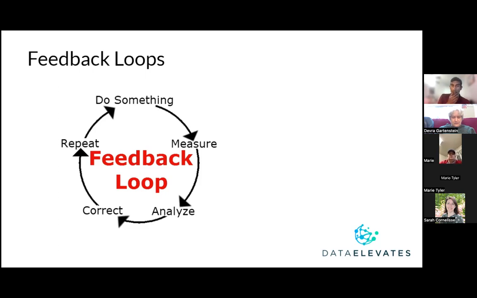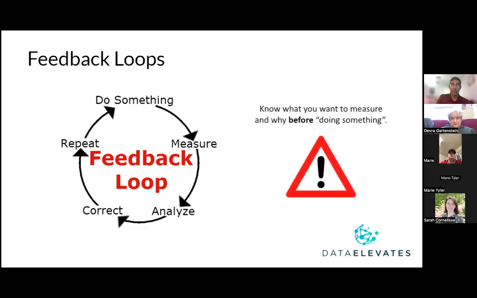One thing to note in relation to a feedback loop is that this diagram specifically is missing one thing that's in the scientific method, which is to know what you want to do before doing something.